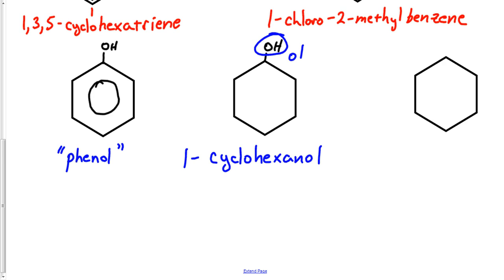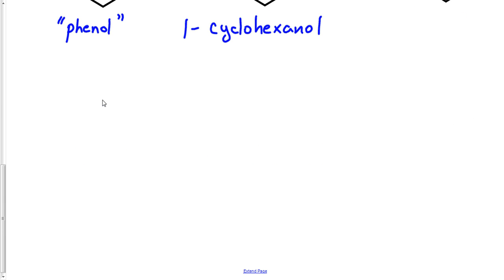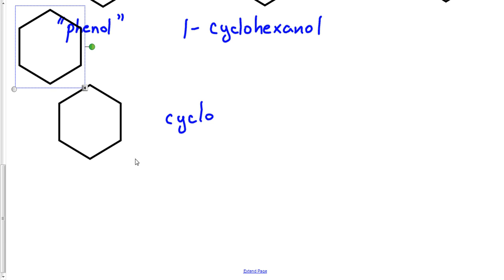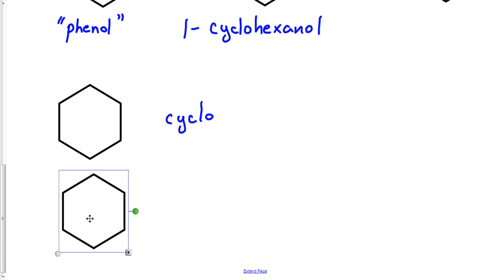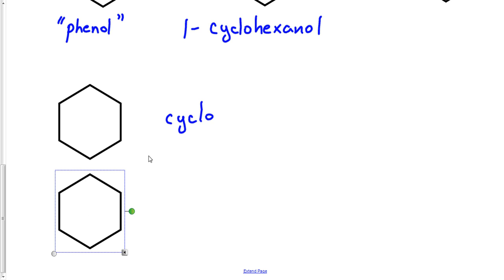So really, from this video, what you should have now is this. You should be familiar with what to do if you have a ring structure. And if you have that ring structure, you just add the word cyclo. What do you do if you see a ring with 3 double bonds, which you can represent with a circle, hopefully neater than that? We call that a benzene, and you literally put that in the name.